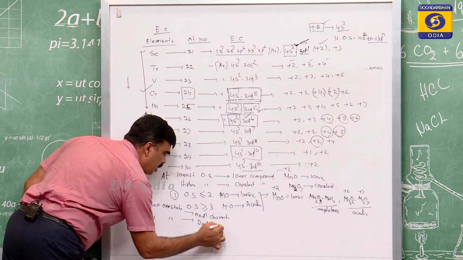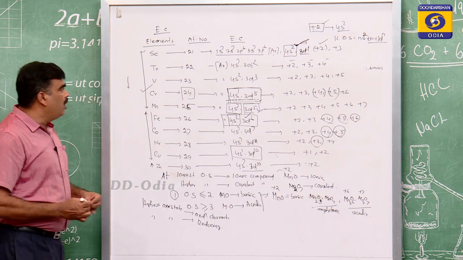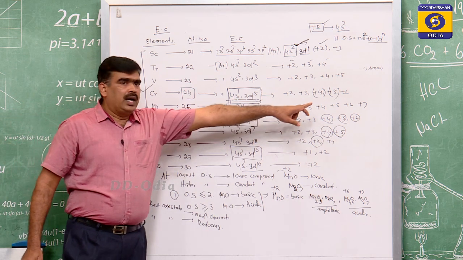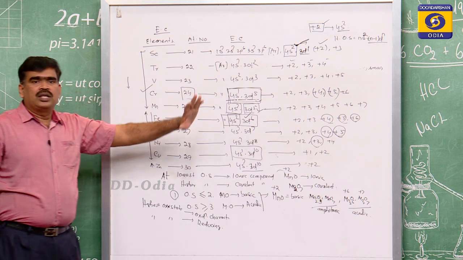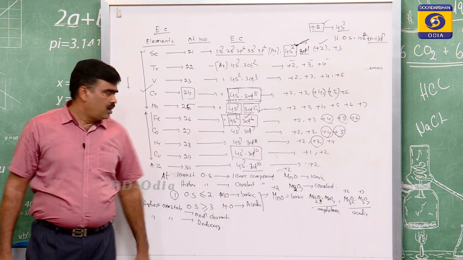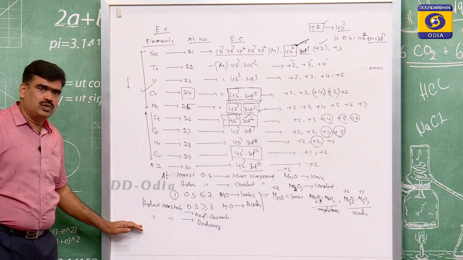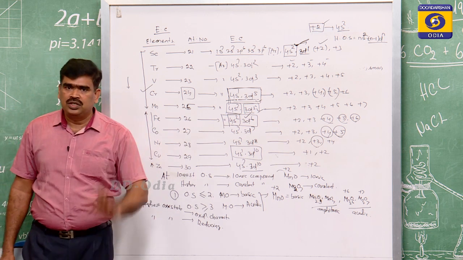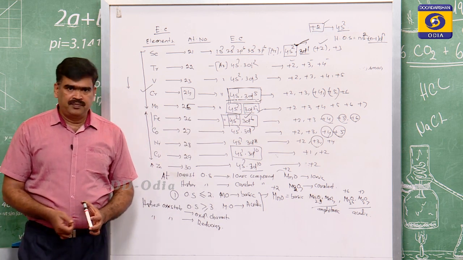Remember these very important points. So chromium, manganese, you know, at the highest oxidation state, potassium permanganate shows oxidizing character, and chromium also shows oxidizing character at its highest oxidation state of +6.